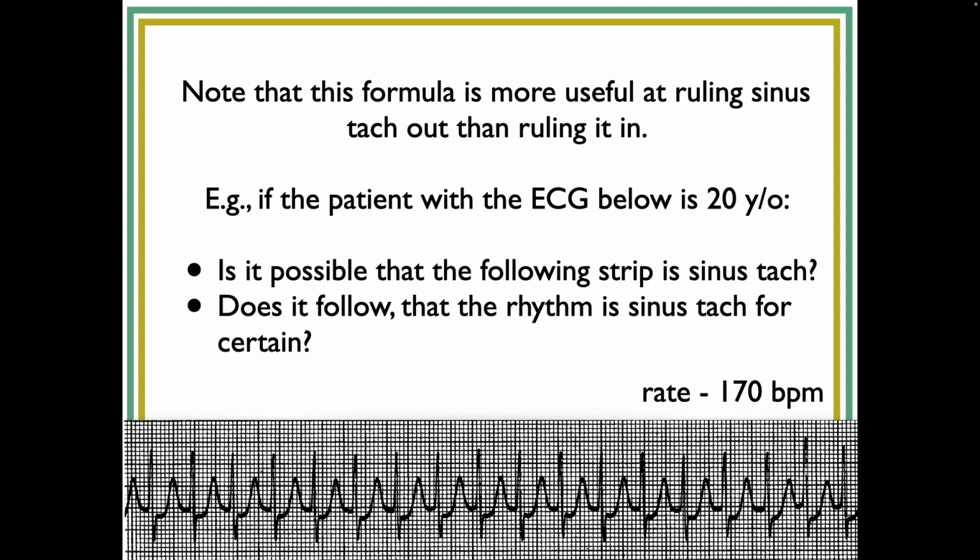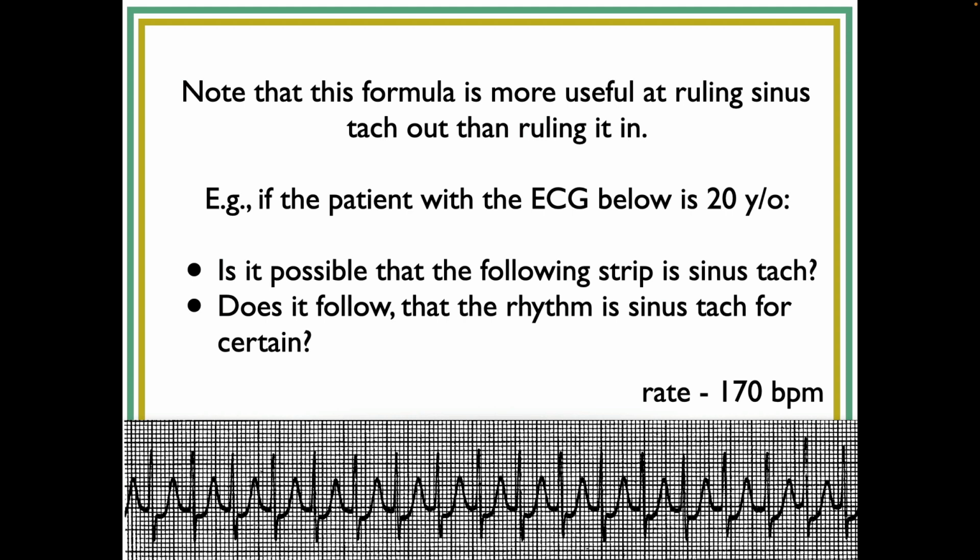While it's true that a 20-year-old could have a sinus tach that is this fast, it's unlikely unless there's some underlying cause. And that's your job, to find out the underlying cause. So for example, if they're a paramedic student and they've been up all night drinking energy drinks, and you see a row of empty cans, there's a reasonable chance that's sinus tach.